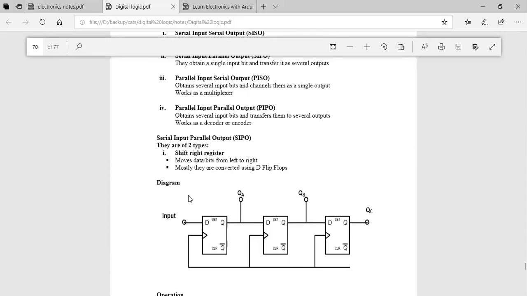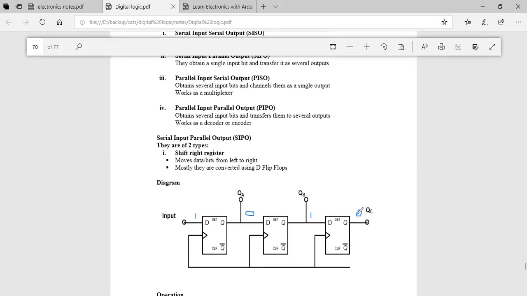Now the clock comes in, what was here moves here. What was here moves here. What was here moves here. So assume I have a case of 1 here, 0, 1, 0.